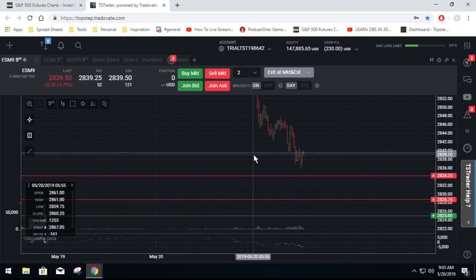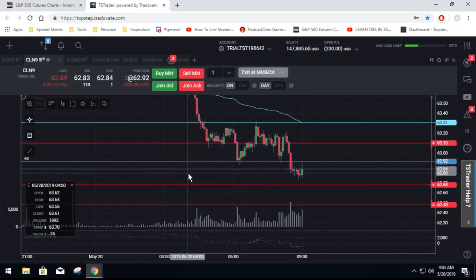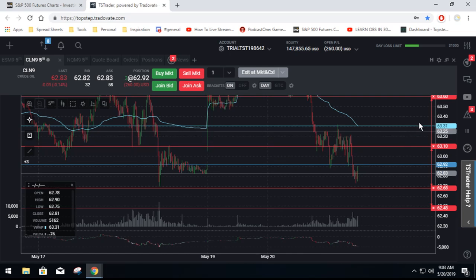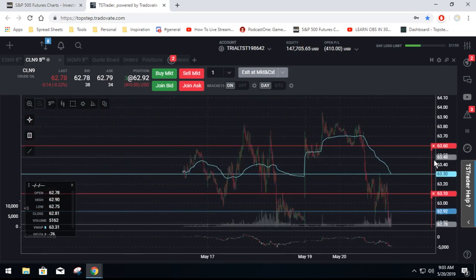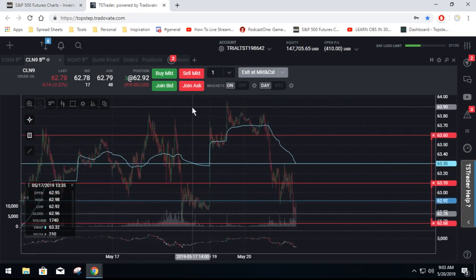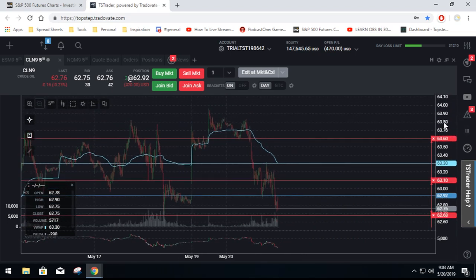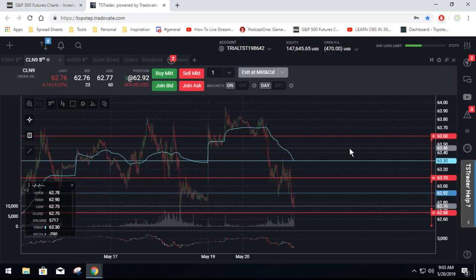Got pinged out right here at 36. 30 tick stopped out. So you can see we're going to look at values. Where value actually is in the live market.